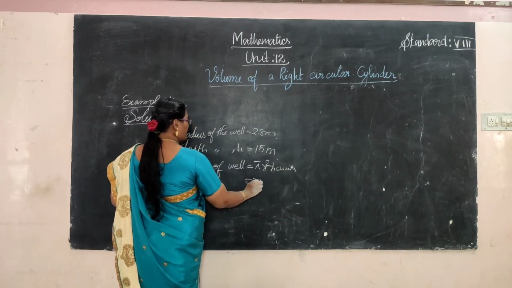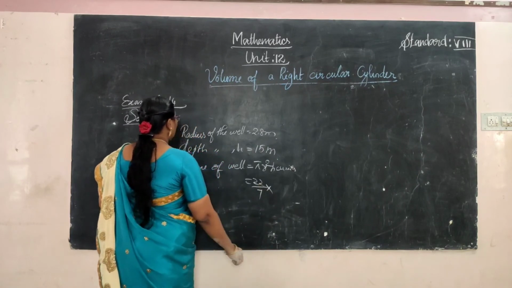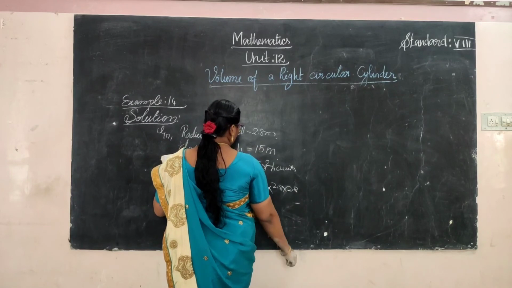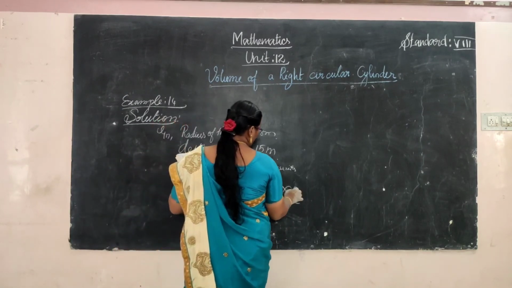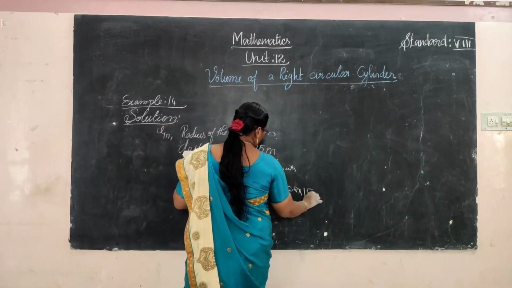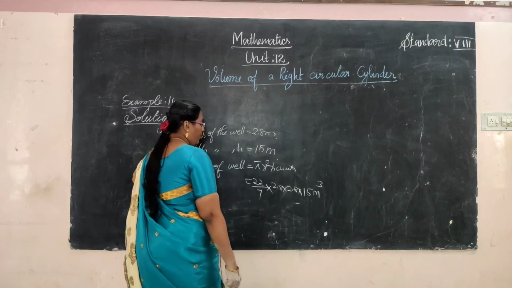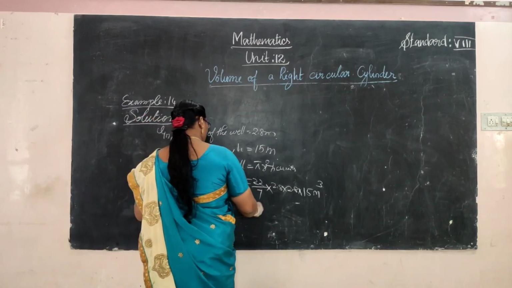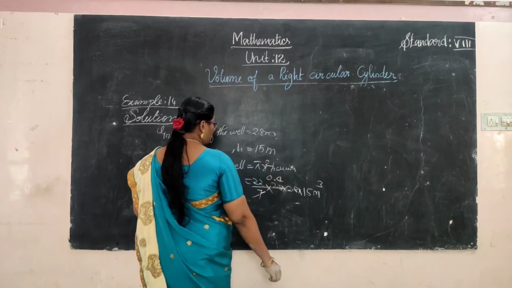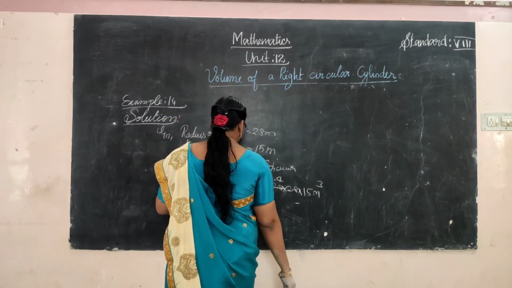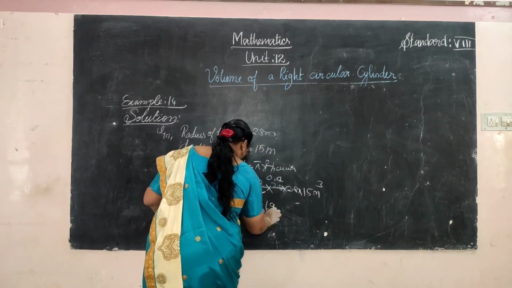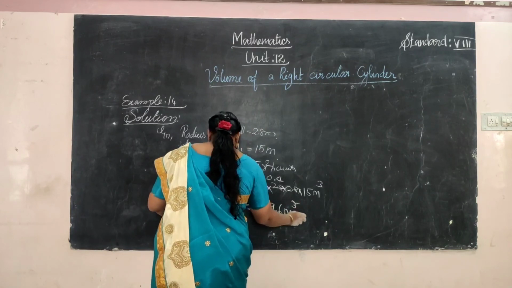So pi value is considered 22/7. R value, radius, is 2.8 into 2.8 meter, into height 15 meter cube. Okay, now it cancels, 7 fours. Now simplify this. We get the value 369.6 meter cube.